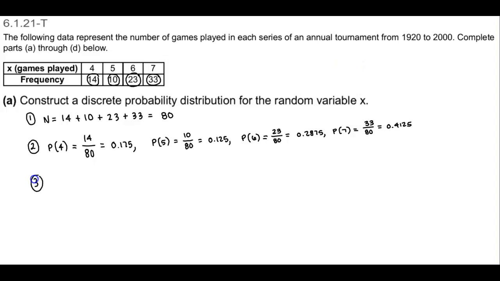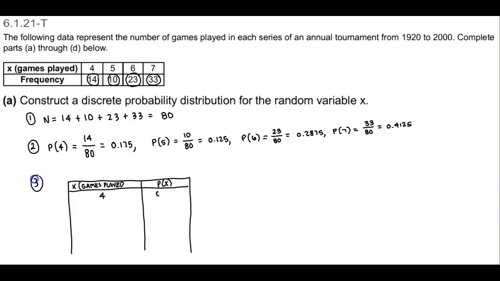We have our chart here, and in our title we have X, which represents games played, and then we have the probability of X. When 4 games are played, we got a probability of 0.175.